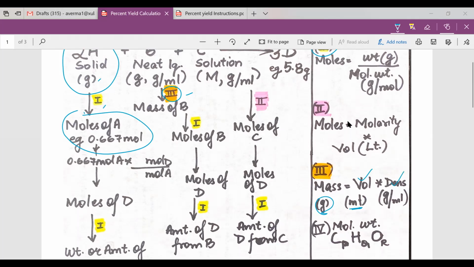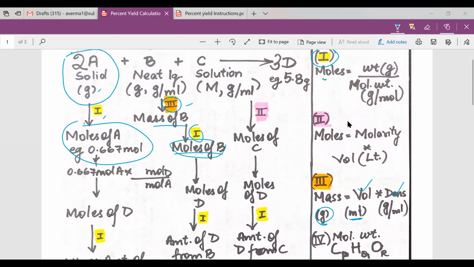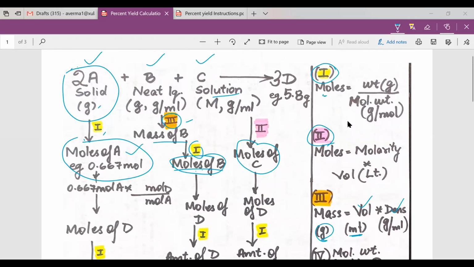You will multiply it with its density and you will get the mass of that particular compound, and using formula 1, you will get the moles of that compound. Similarly, for your solution, you can get the moles of that material by directly using this particular formula. So in all of these cases, you are first required to calculate the moles of the starting material.